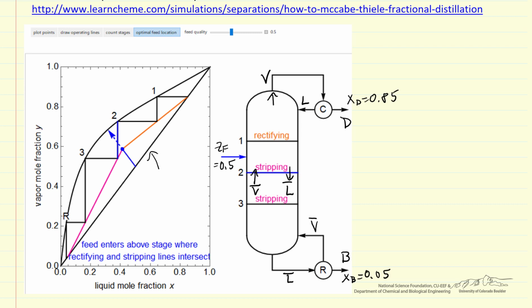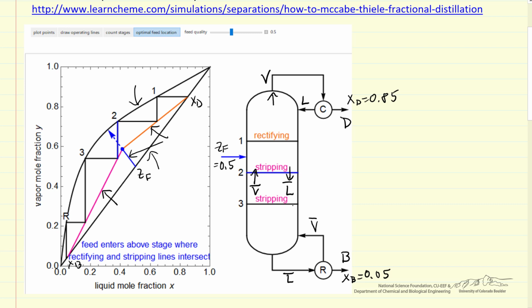On the plot, the orange line is the mass balance for the upper part of the column, rectifying. This is the mass balance for the stripping part of the column. This is the relation between y and x for vapor-liquid equilibrium; this mixture is non-ideal, and details are explained in the simulation. And then ZF is here, XD is here, and XB is down here.